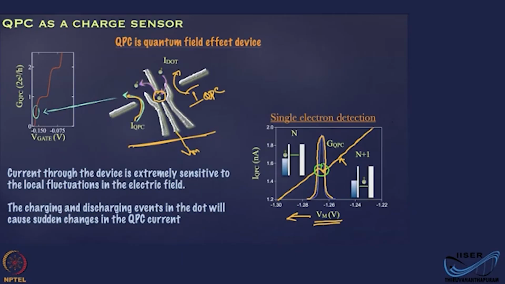This stands for Coulomb blockade oscillations, because in this range Coulomb blockade oscillation cannot be measured directly by measuring the current through the dot. Okay, so that is a technique to sense the charge or charge movement in gated quantum dots.